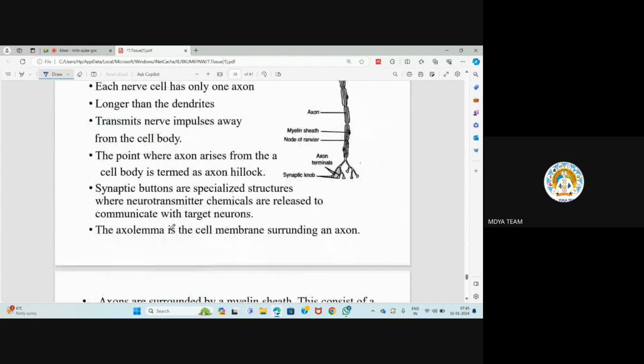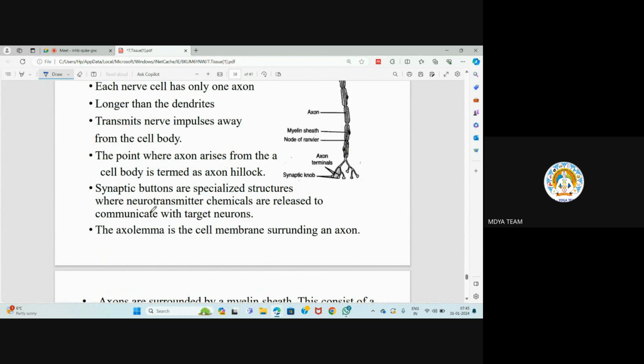Now, synaptic buttons are specialized structures where neurotransmitter chemicals are released to communicate with target neurons. Okay, so we have already discussed what a synapse is.